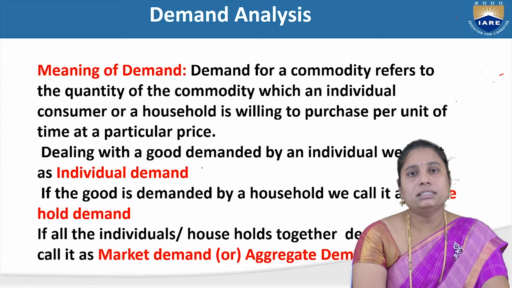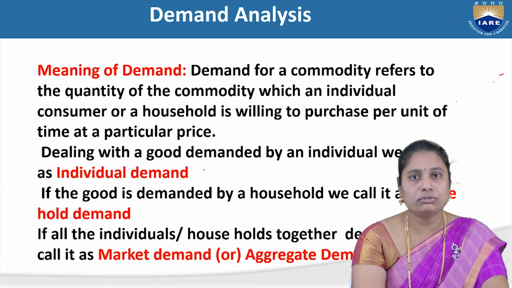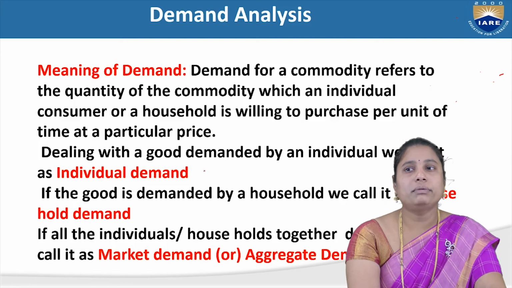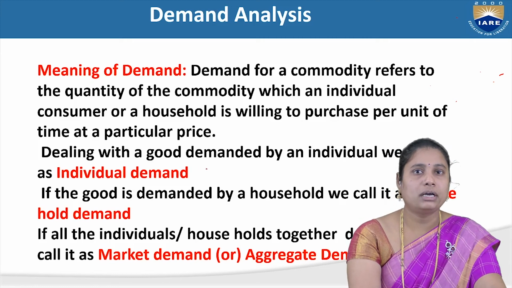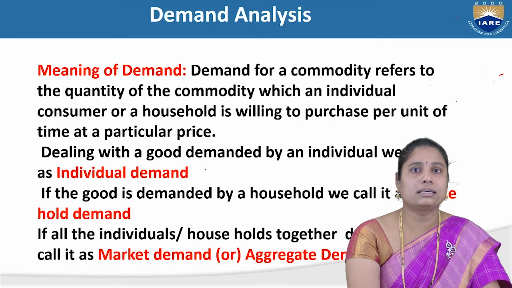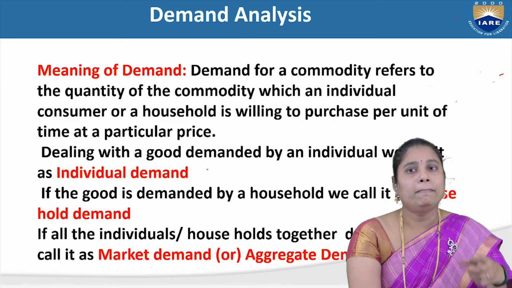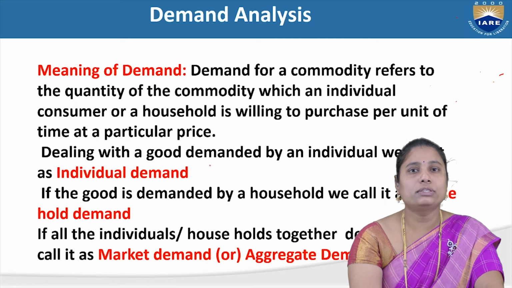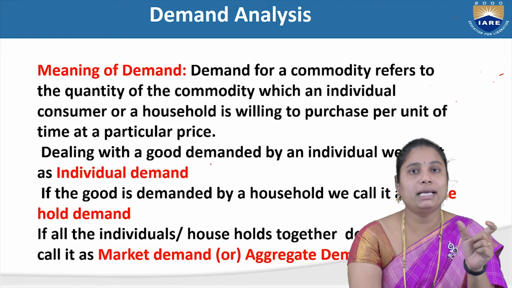If that product is required by an individual, then it is called individual demand. Or if that product is required by the household, the entire family, then it is called household demand. Or if that product is required for the production of another product, if it is a basic product, then it is called market demand. For example, in this COVID-19 situation, each one has to improve immunity, so they need to consume an egg per day.